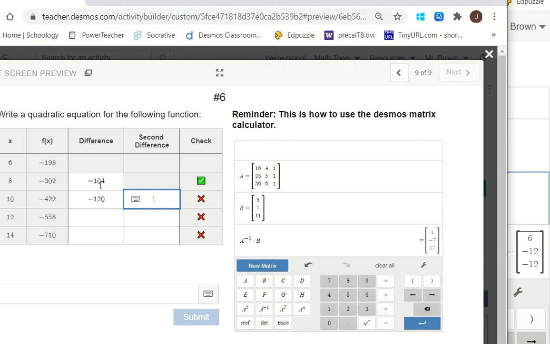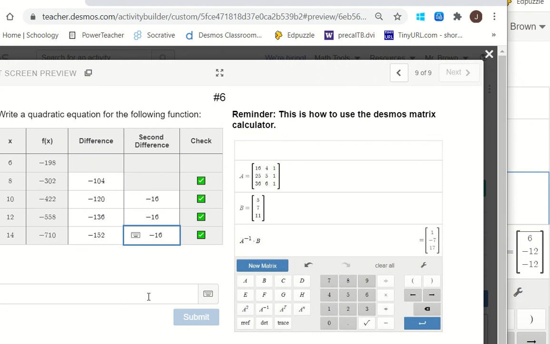And this would be negative 16. And then negative 136, negative 16, negative 152, and negative 16.